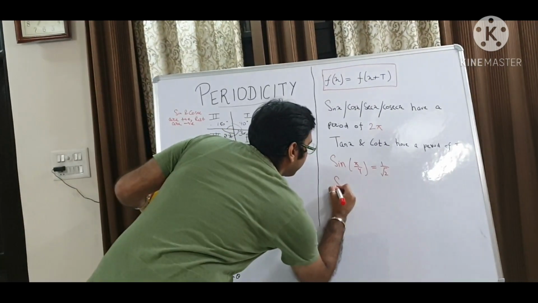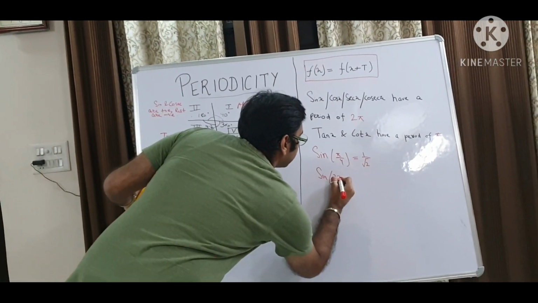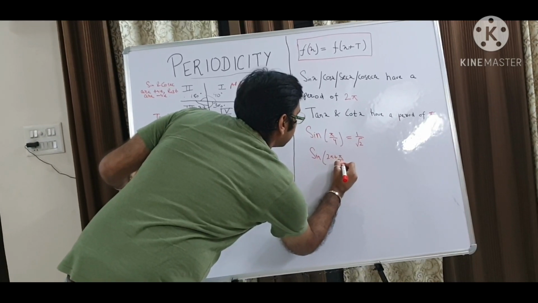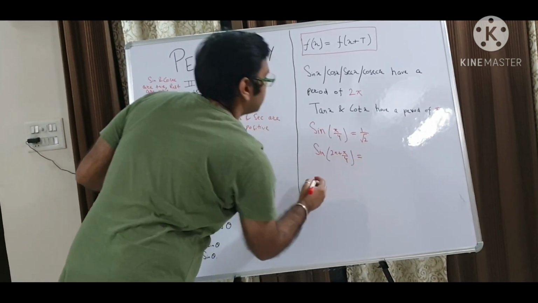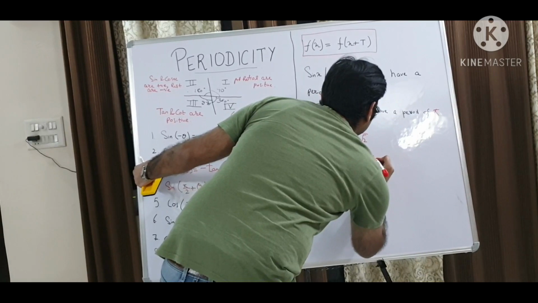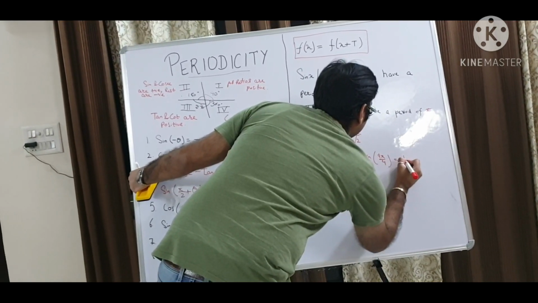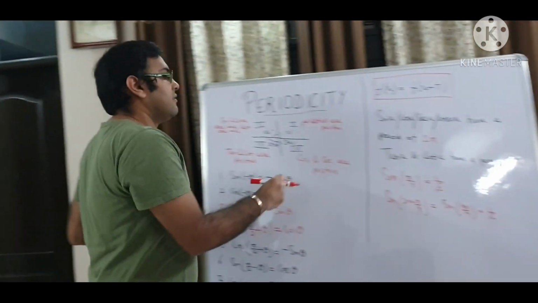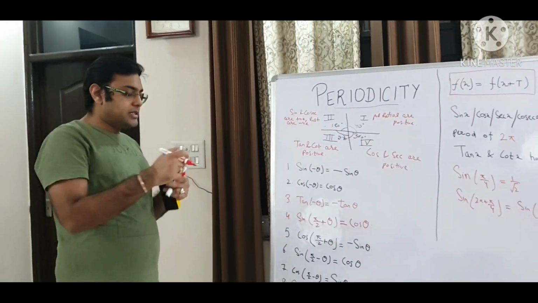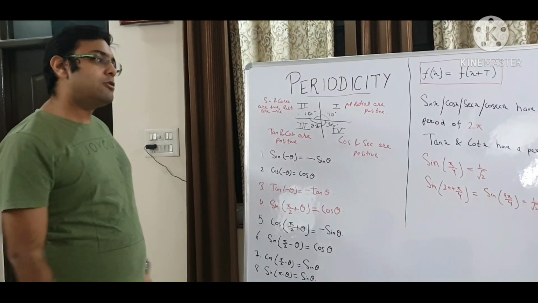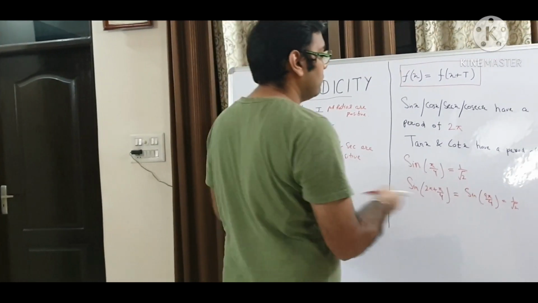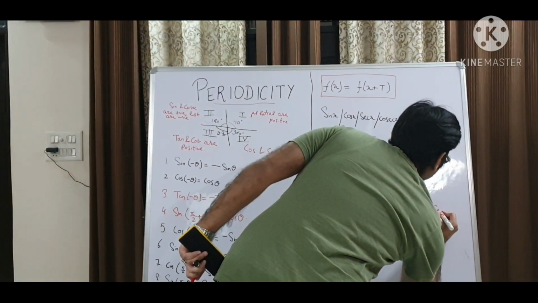So the value of sin 9 pi by 4, that is sine of 2 pi plus pi by 4, equals again 1 by root 2, equal to sin pi by 4.